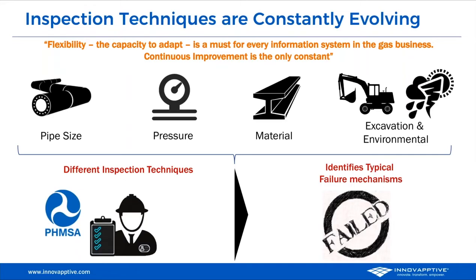Which drives everything from the pipe size, the pressure in the pipes, the material, or what kind of environmental conditions it is based on. All those factors drive changes to the actual data and the data elements that are captured in the field. That means every year a certain percentage of the forms needed to be changed.